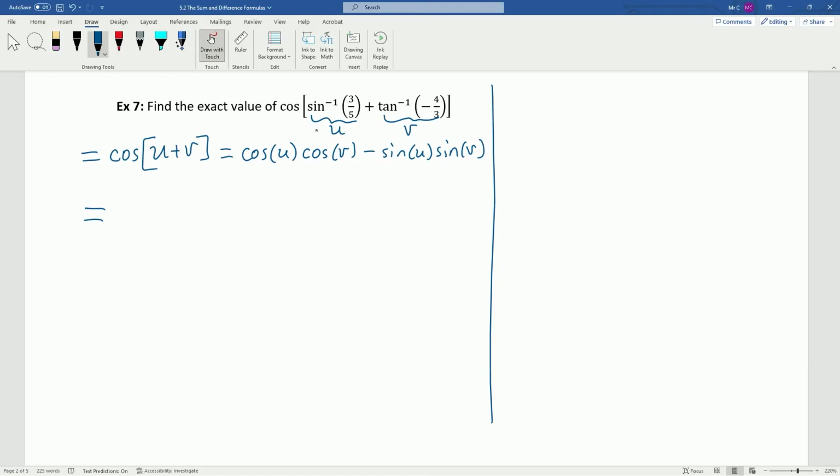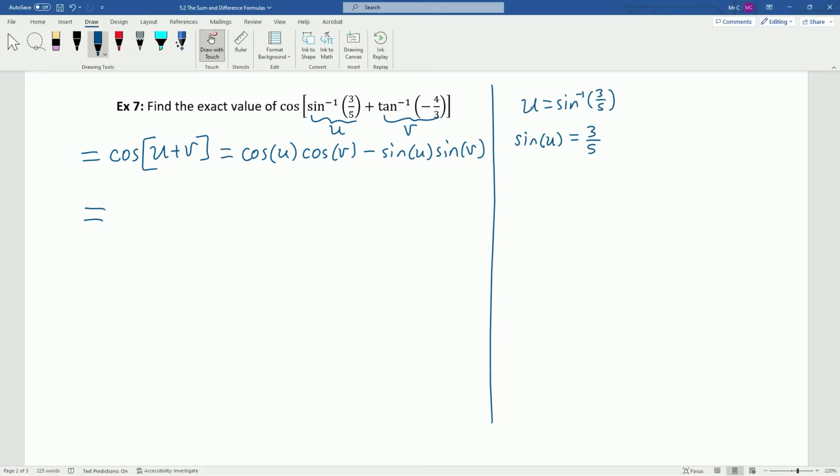Well, let's start by writing this first one out. u equals sine inverse of 3/5. And I know that if u equals sine inverse of 3/5, that means that sine of u equals 3/5 with a condition. This is the part that I think typically causes people the most problems: they haven't remembered these restrictions on the output for their inverse trig functions.